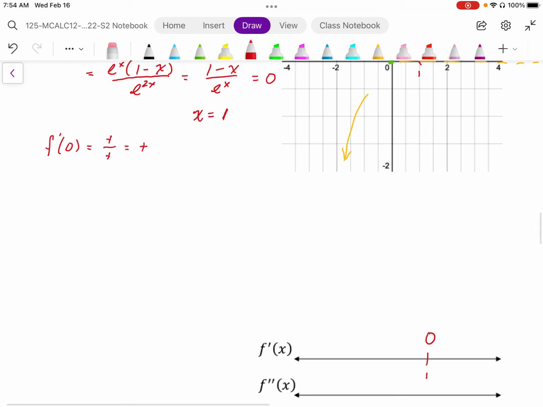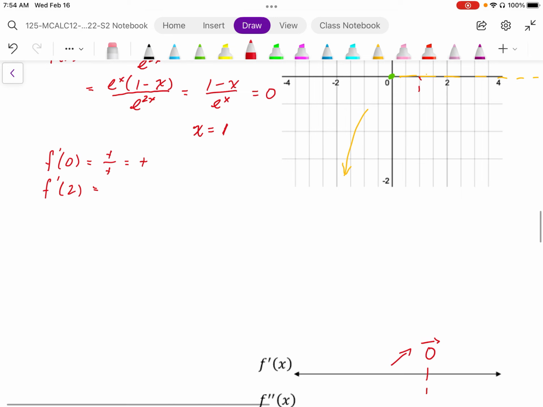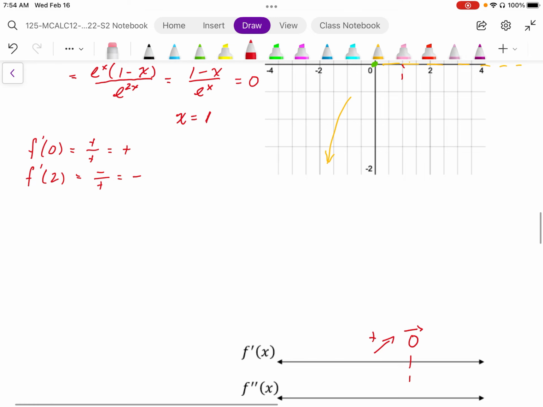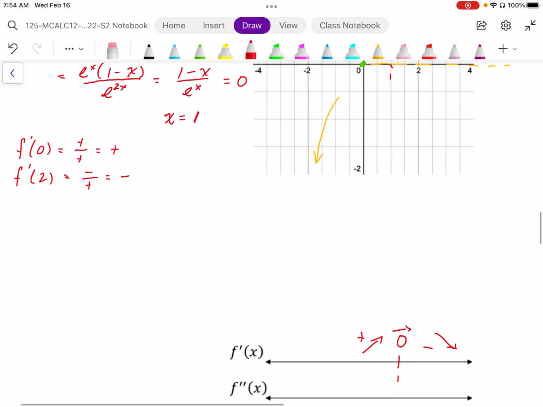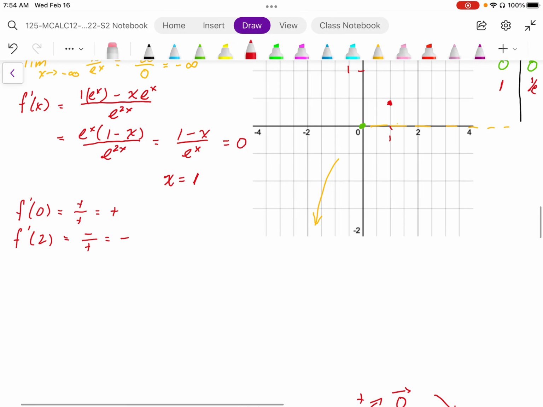So we know it's going up. It looks like a potential max, so we're going to test the slope on the other side of that. At x equals 2, we're going to end up with negative in the numerator, positive in the denominator. So that's going to be negative slope. So we have positive slope here, negative slope here. So our slope chart indicates that that point is going to be a maximum. So we know it's going to kind of go up like that.